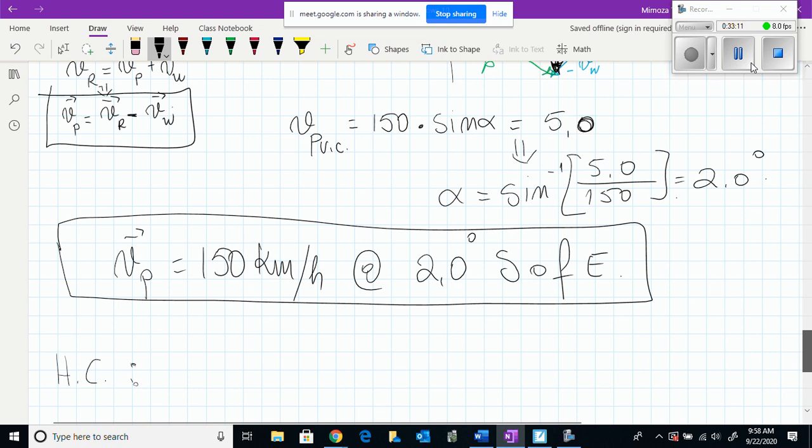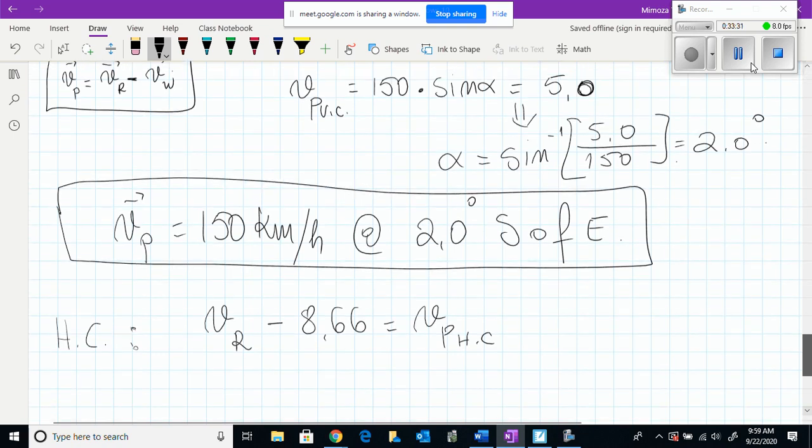So the relationship that you had was the resultant velocity minus 8.66 is equal to the horizontal component of the velocity of the plane. And I hope that this is correct.